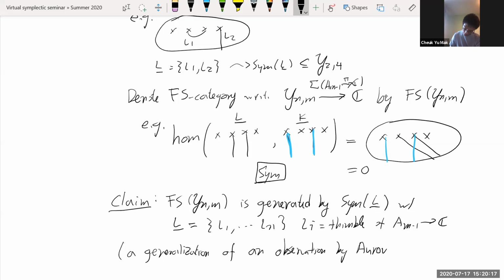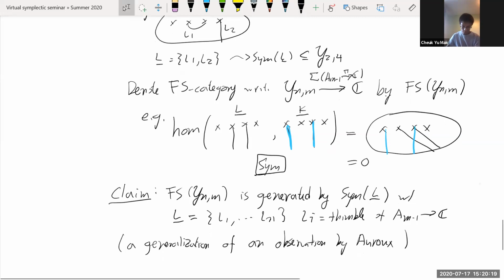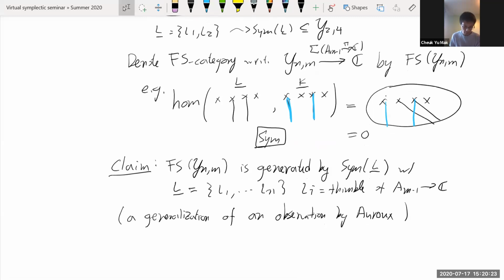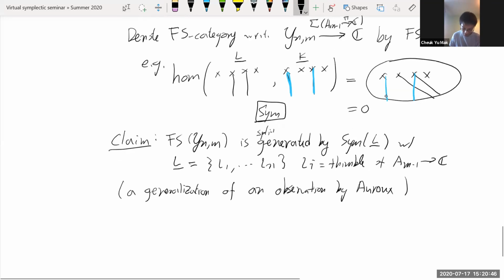In a previous work, Denis Auroux observed that if you replace the Milnor fiber by an open Riemann surface, then the product of the corresponding co-cores will split generate the corresponding partially wrapped Fukaya category.